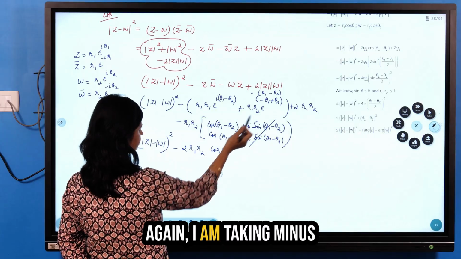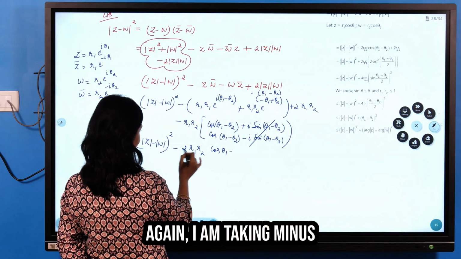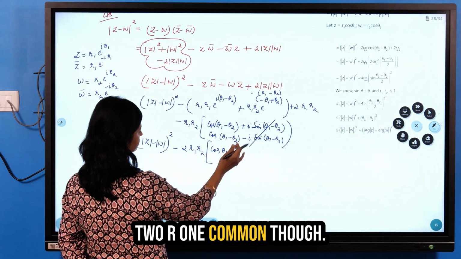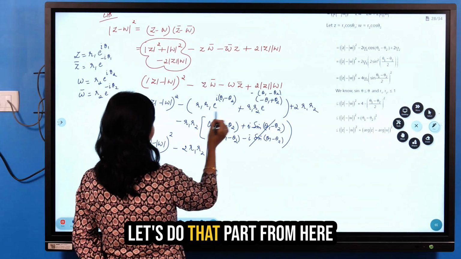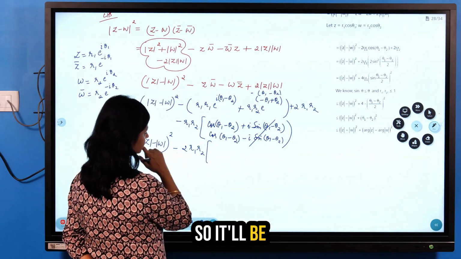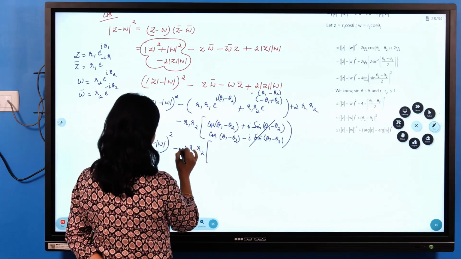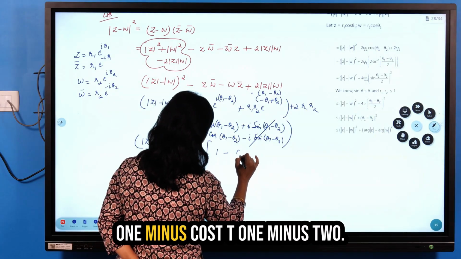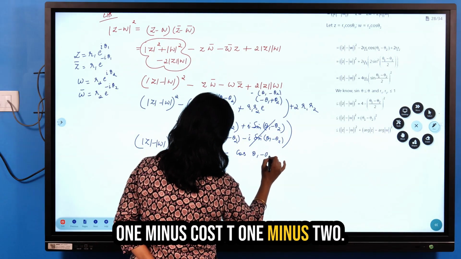Again, I am taking minus 2 r1 r2 common. So it will be 1 minus cos theta 1 minus theta 2.